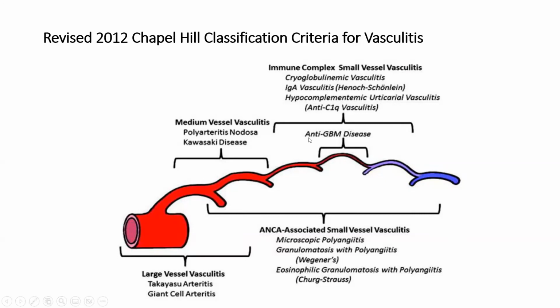Then when you get to small vessel vasculitis, we've got two broad groups: ANCA-associated small vessel vasculitis, and then immune complex small vessel vasculitis.